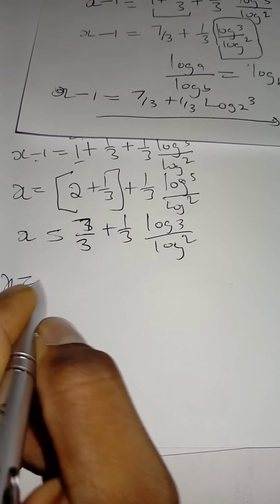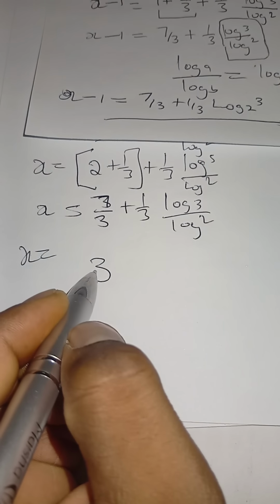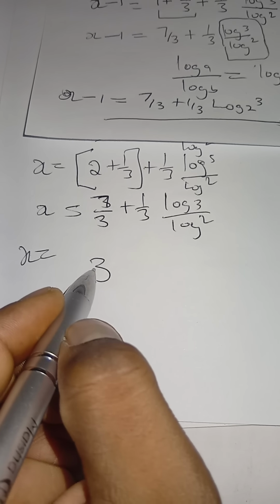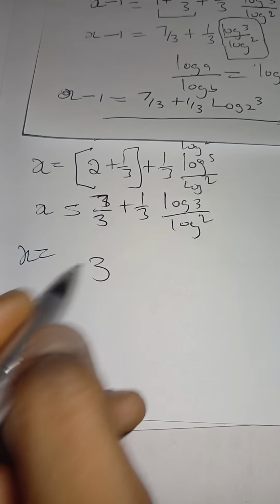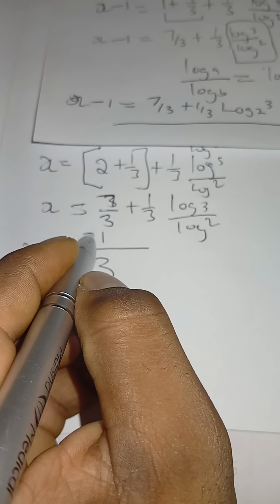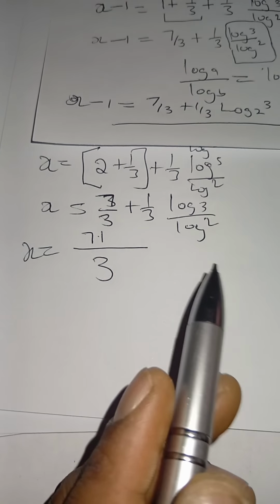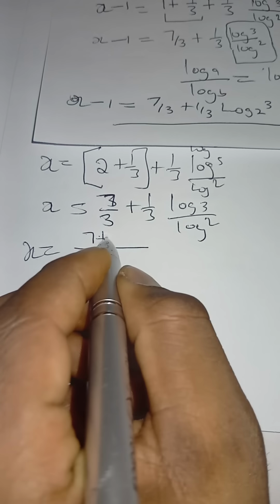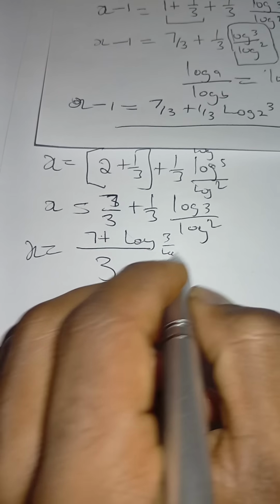As we go further, x is equal to 7 over 3 plus log 3 over log 2.